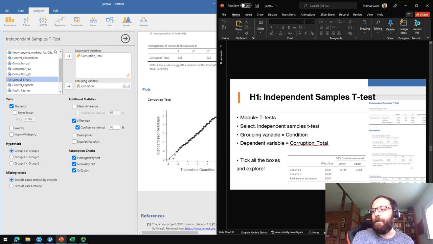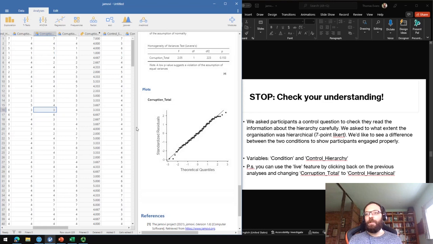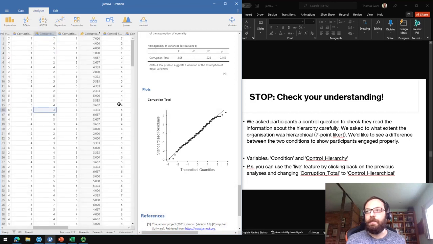I think we can go a little bit further, and I want to show you some other things that jamovi can do. So, first of all, what I want to do is to encourage you to stop and check your understanding. We're going to do this through one of the other variables that I have provided for you. We asked participants a control question to check that they engaged with the information that we provided them around the fake business.